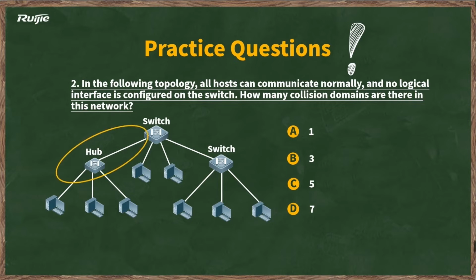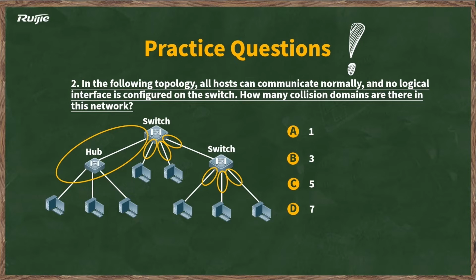The first one is the left one, one hub, all of the devices within the same domain. And the second one, the third one, the fourth one, and the fifth one, then here. So about this, the correct answer is option D. We have different collision domains, and in different circles, the terminals can communicate at the same time.